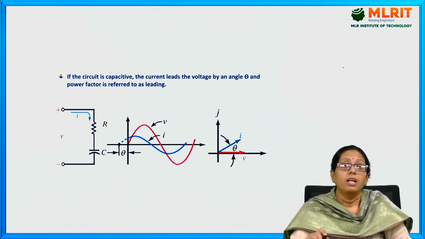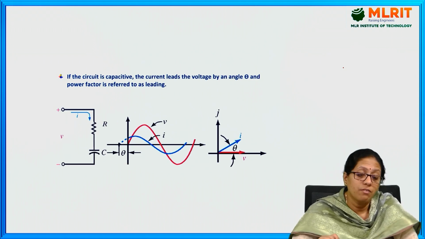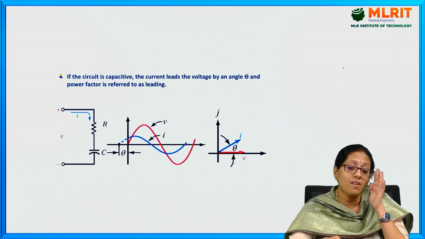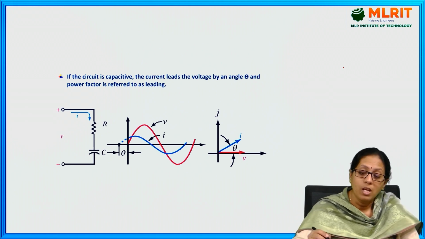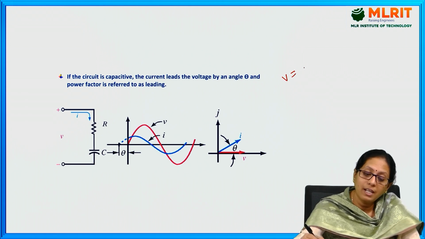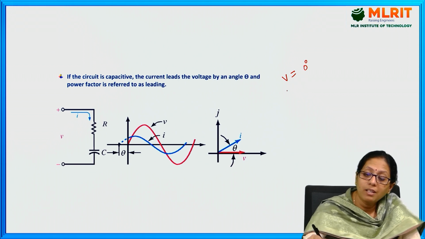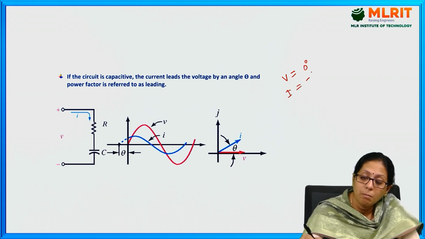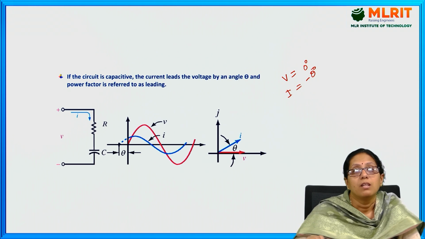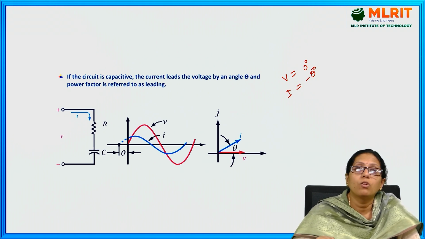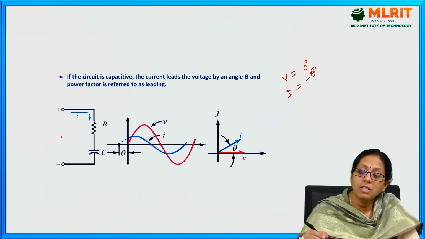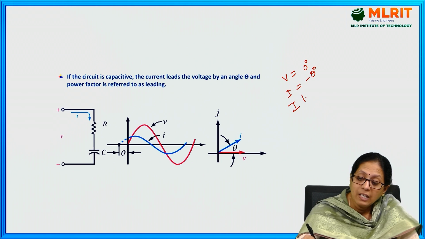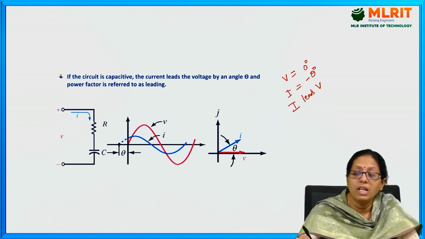And in this picture, you can see we have connected a capacitive load, that is RC load, resistive as well as capacitive load. The voltage is starting at 0 degrees, but the current is starting at minus theta degrees. Means the current is starting before the voltage. That means you will call it current leads voltage.